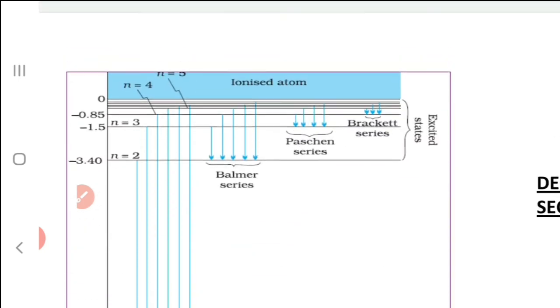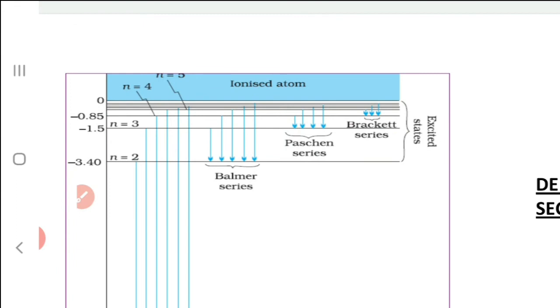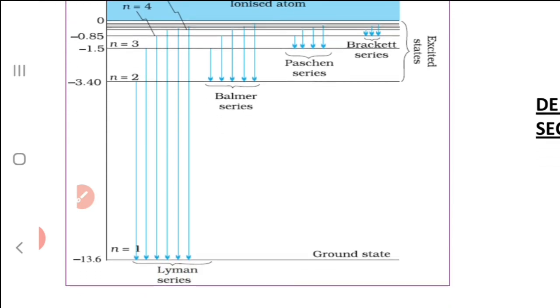Now coming to Balmer series, we get Balmer series when the electrons make transition from higher energy levels to the first excited state. First excited state means n equal to 2 level. So when the electrons from higher energy levels make transition to n equal to 2 level, we get a set of spectral series called Balmer series.